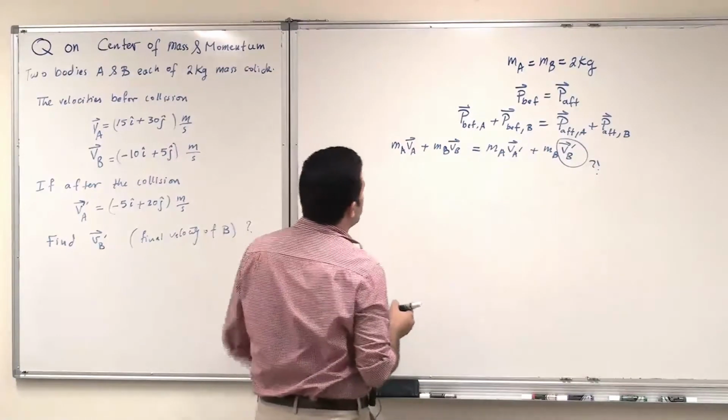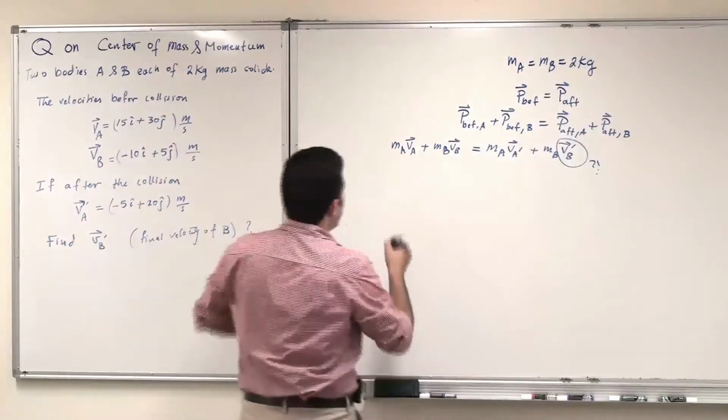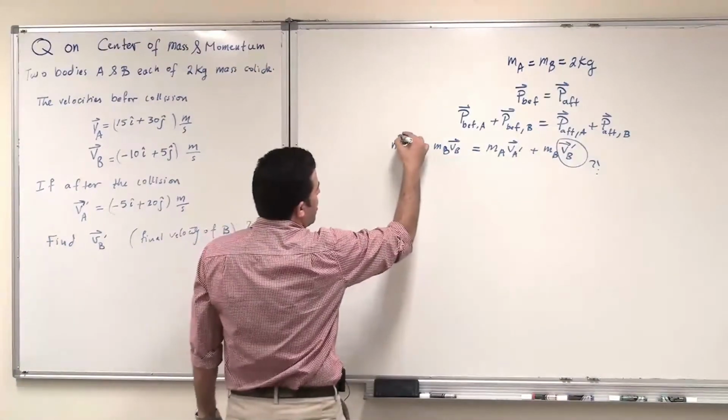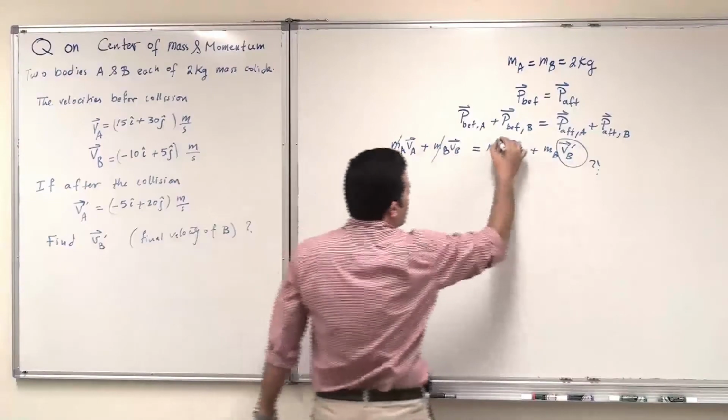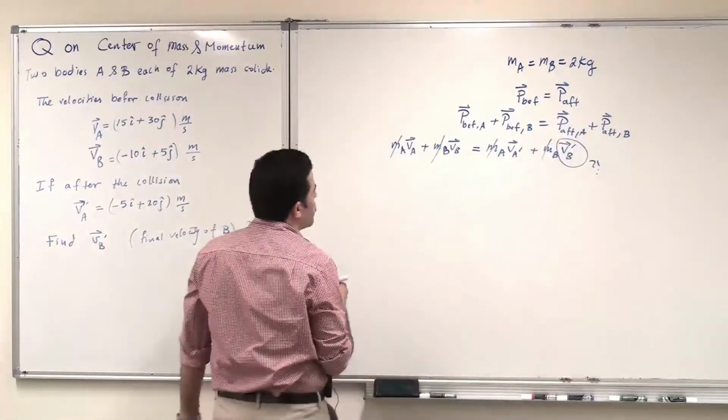Okay? So we substitute for the values given. First of all, the masses can cancel out because it's 2 kilograms. So I can cancel this from all sides.